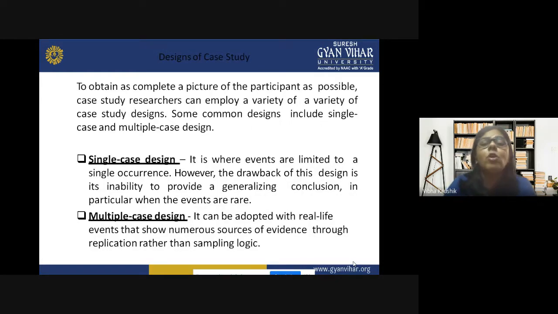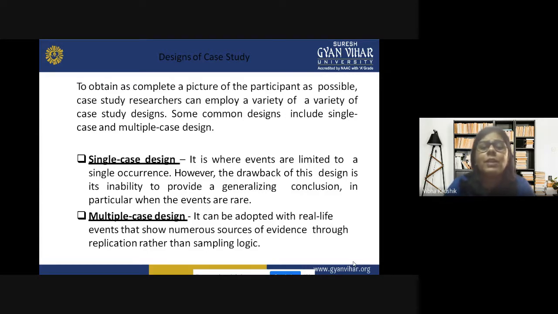Now, designs of case study. There are different designs of case study on the basis of their purposes, to obtain as complete a picture of the participants as possible. Case study researchers can employ a variety of case study designs.